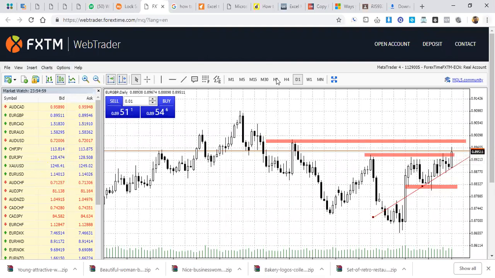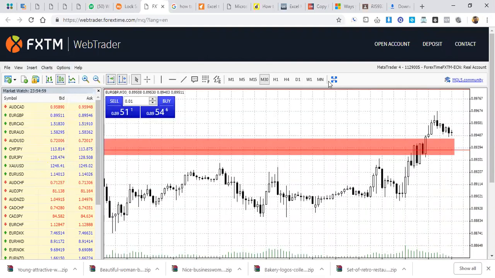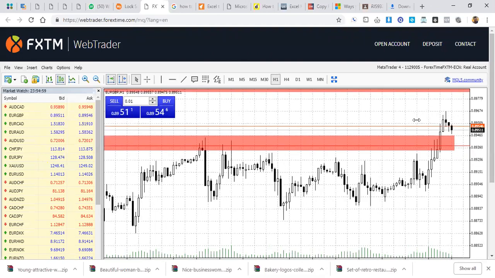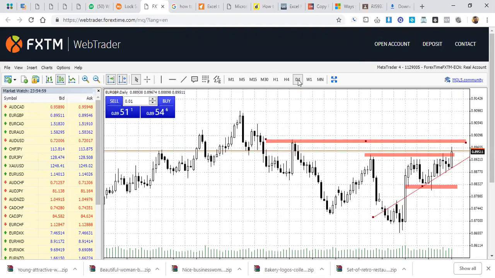Initially, you can see that the market is already retesting, going up here and retesting down here, and I'm hoping the market actually pushes above to this level.